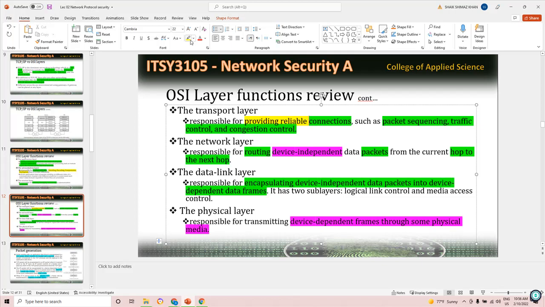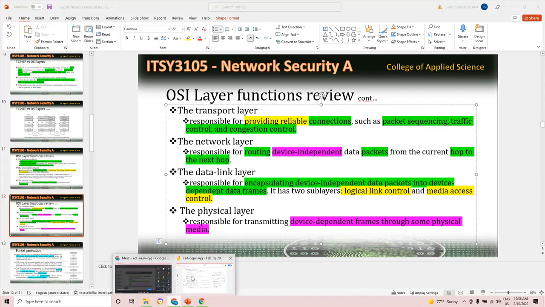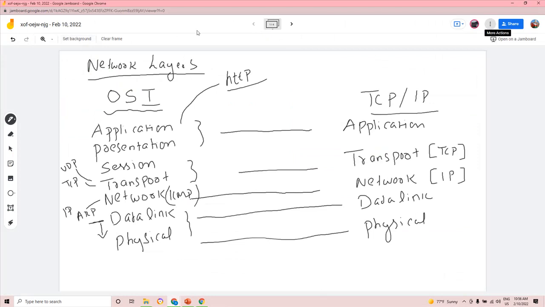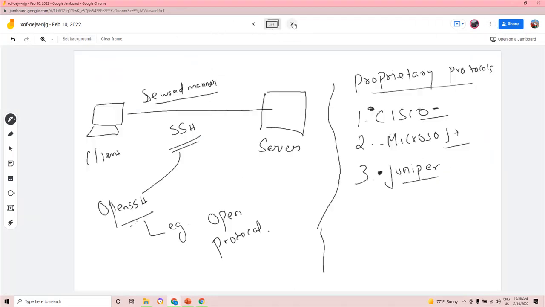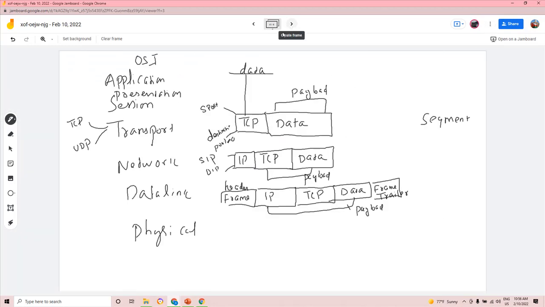Once again, this layer has two sublayers: logical link control and media access control. Okay, students, here again go back. See here.